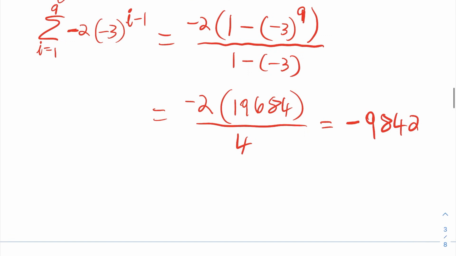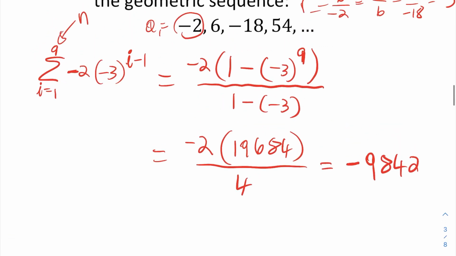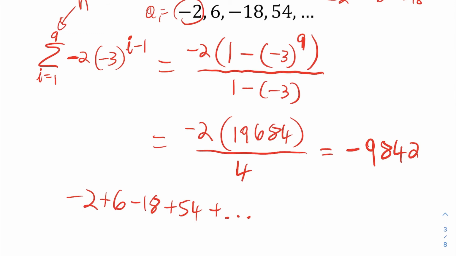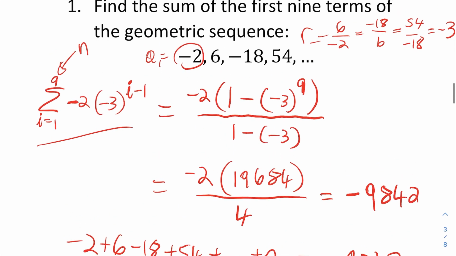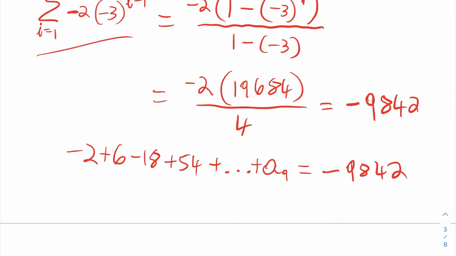So that means the sum of the first n terms, which would be negative 2 plus 6 minus 18 plus 54 plus dot dot dot, all the way up to the ninth term of the sequence, a9, which I'm not sure what it is. We didn't have to find it. If you add up all those things, you'll get negative 9,842. That's the sum of the first 9 terms.